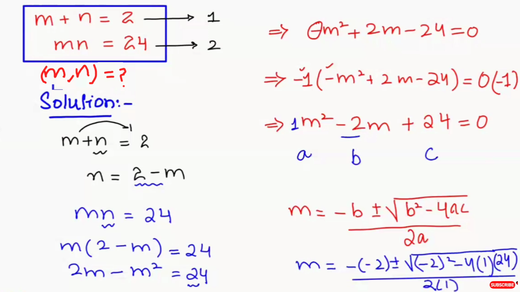This will turn to m is equal to 2 plus minus root of, negative 2 to the power of 2 is positive 4, minus 4 times 24, which gives 96.